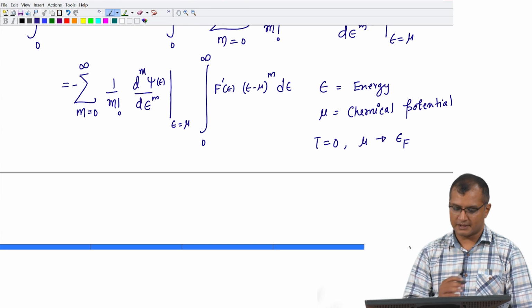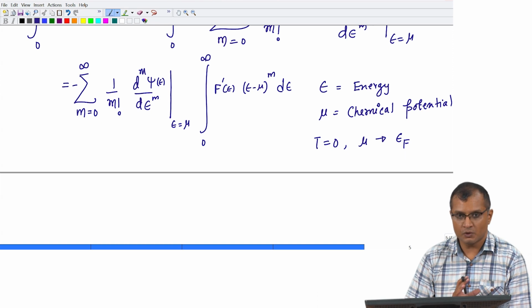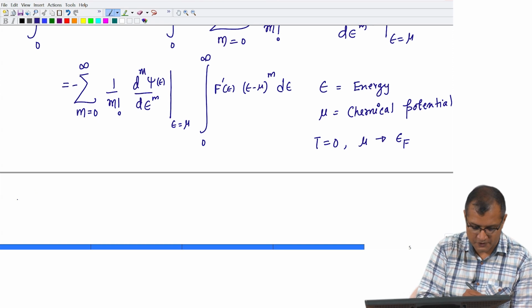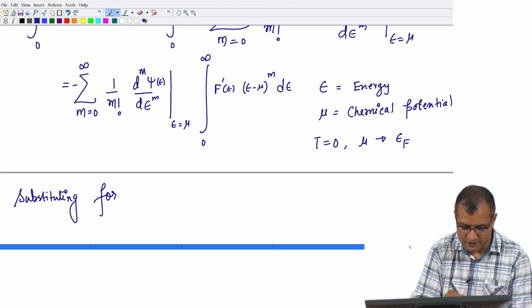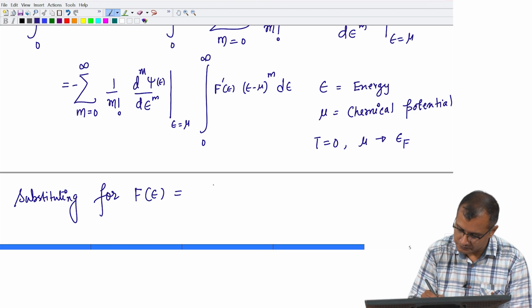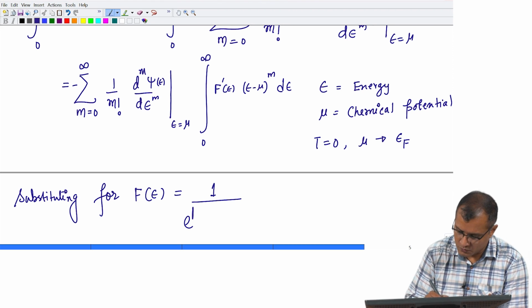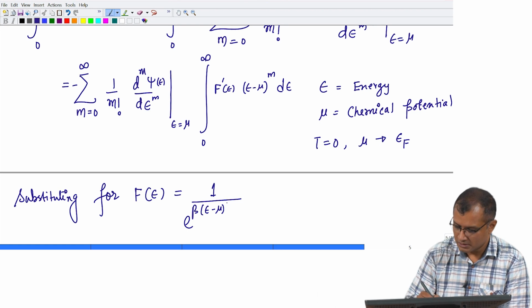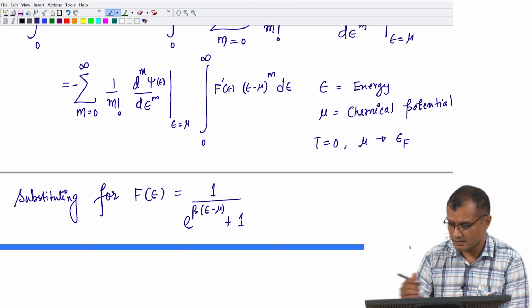So, now let us try to solve this by some substitution. Well, I can easily make two substitutions here. The first is I can substitute for the Fermi function, which is basically the Fermi-Dirac statistics, 1 over e raised to beta times energy minus the chemical potential, plus 1, our FD statistics.